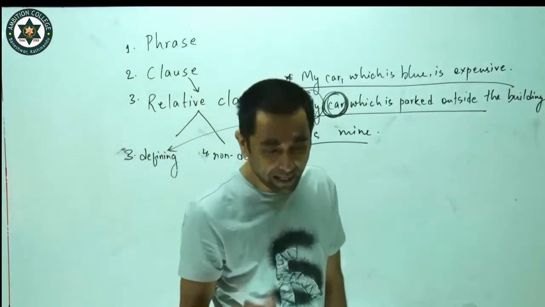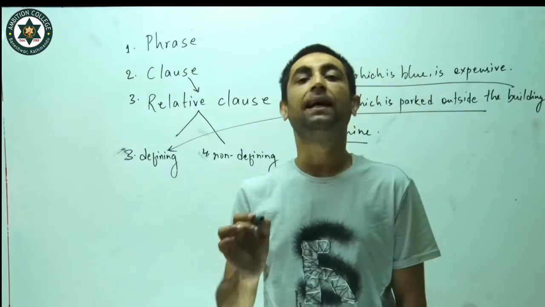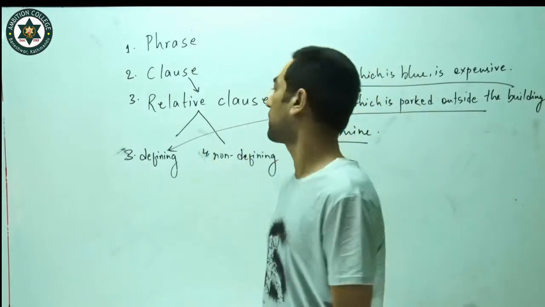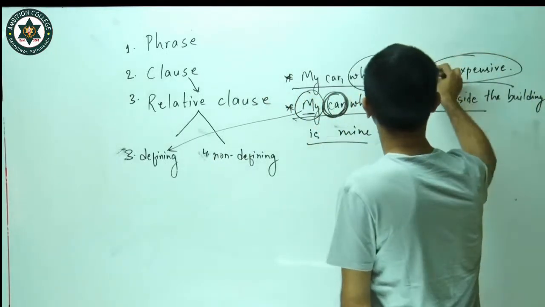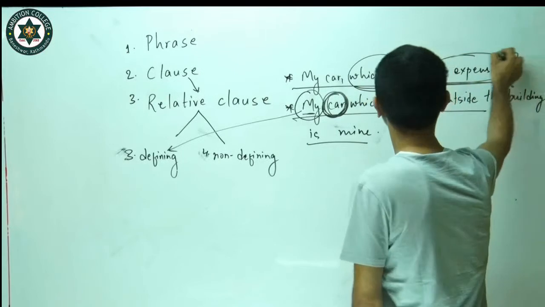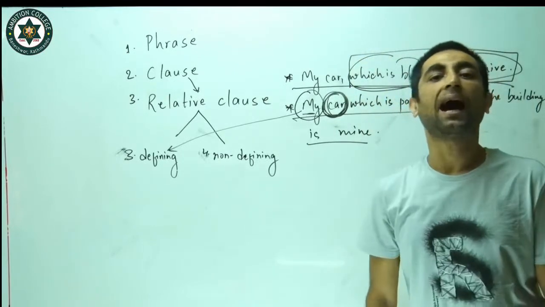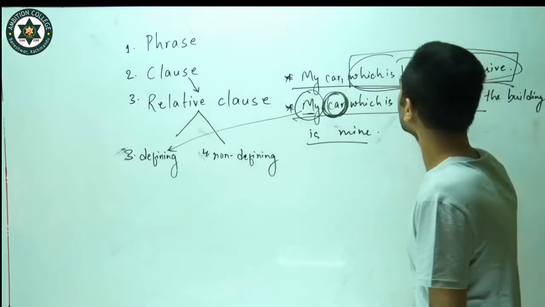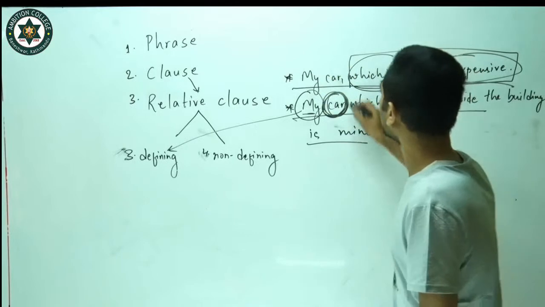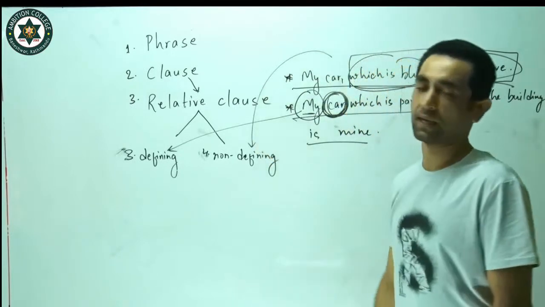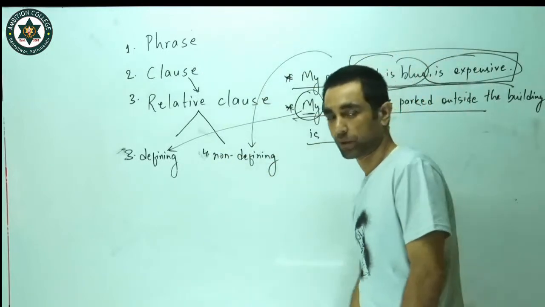And when it does not tell necessary information about the car, which is blue, is expensive, these informations are not telling the necessary things about the car. So these informations are non-defining relative. This sentence is a non-defining relative clause.